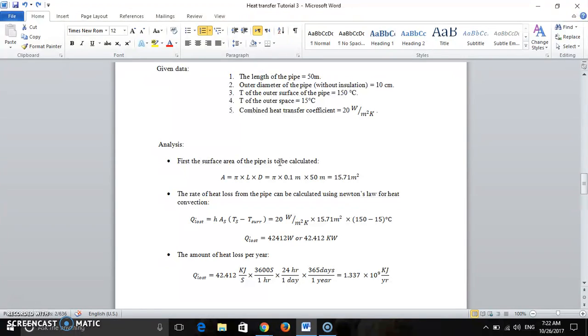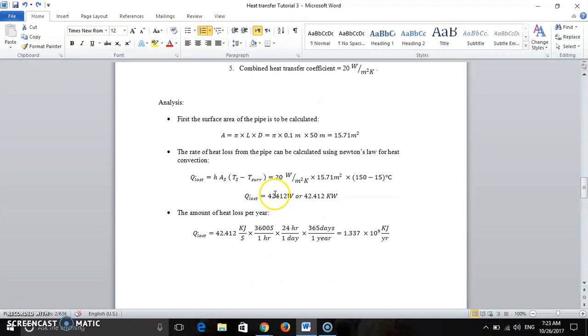In order for us to calculate the annual heat loss, first we need this heat loss, which is given per second.